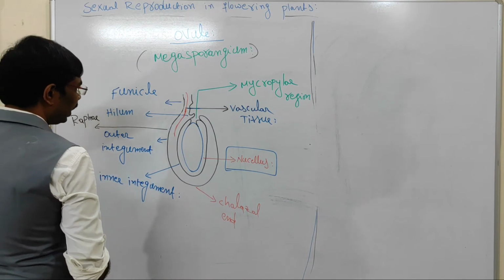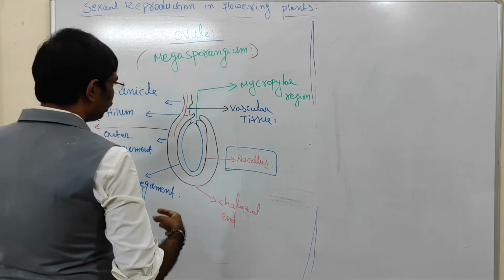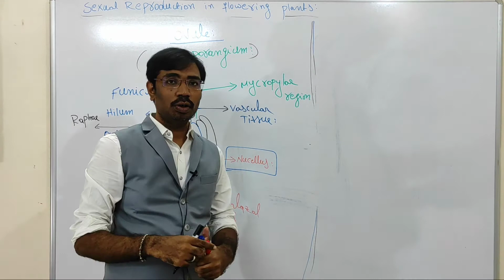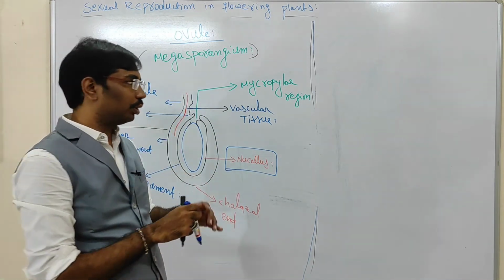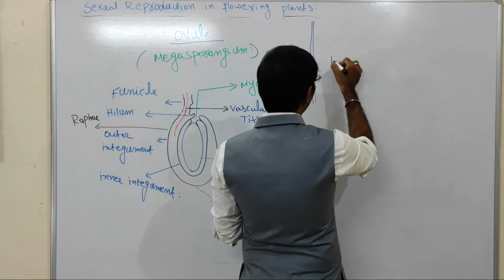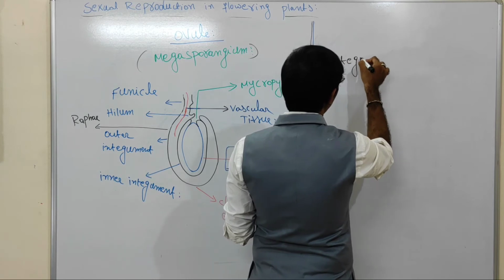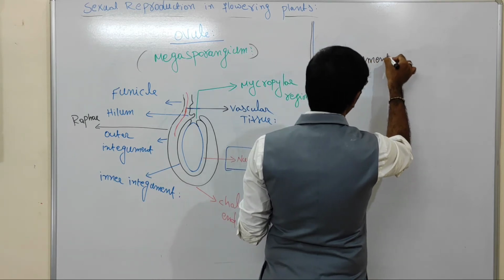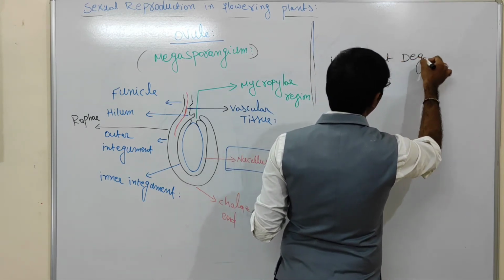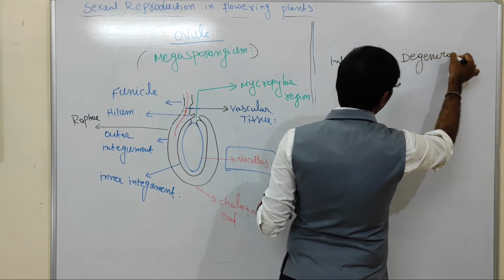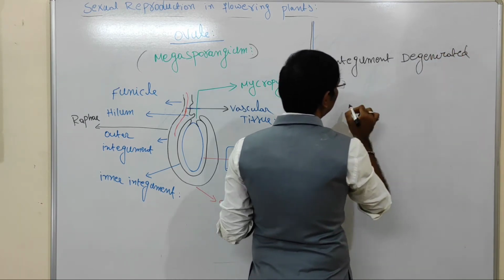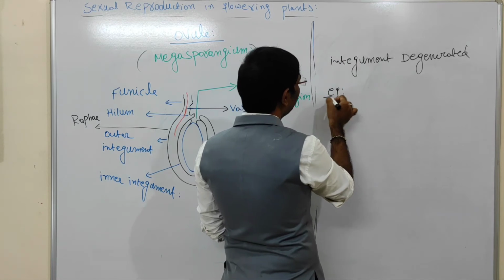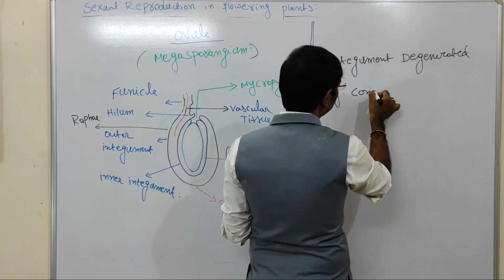In those plants the integument is absent, so the nucellus itself will develop an integument-like structure. The integument is degenerated in some plants, for example Compositae family plants.